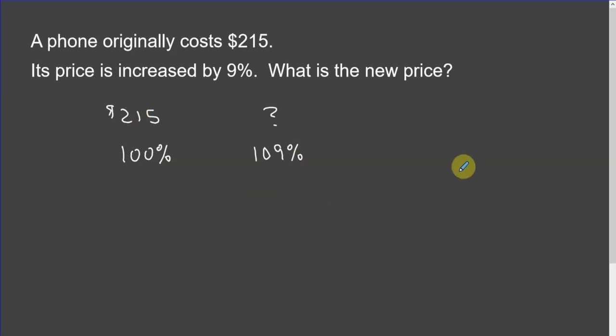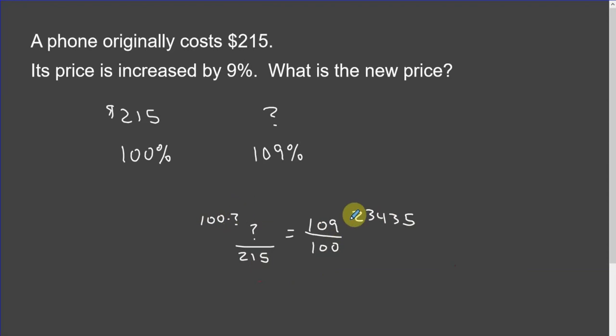So set up my proportion. I've got 109 out of 100, and that's what out of 215. Okay, so I multiply 215 times 109. 23,435, and I have 100 times the unknown number over here.